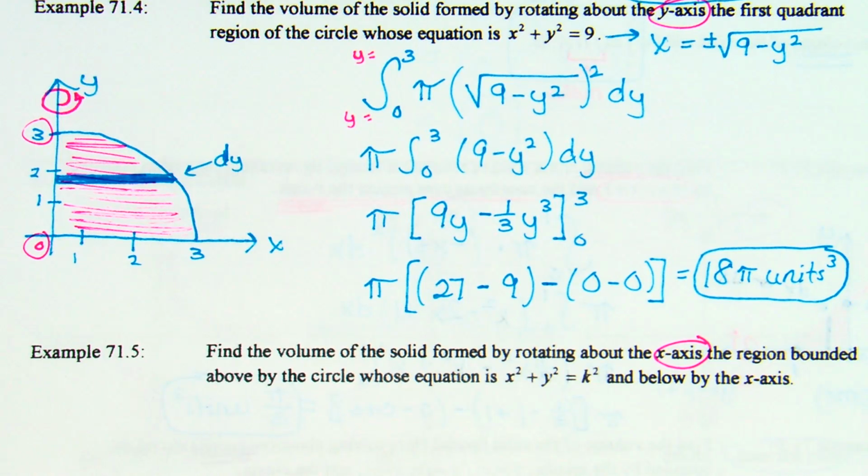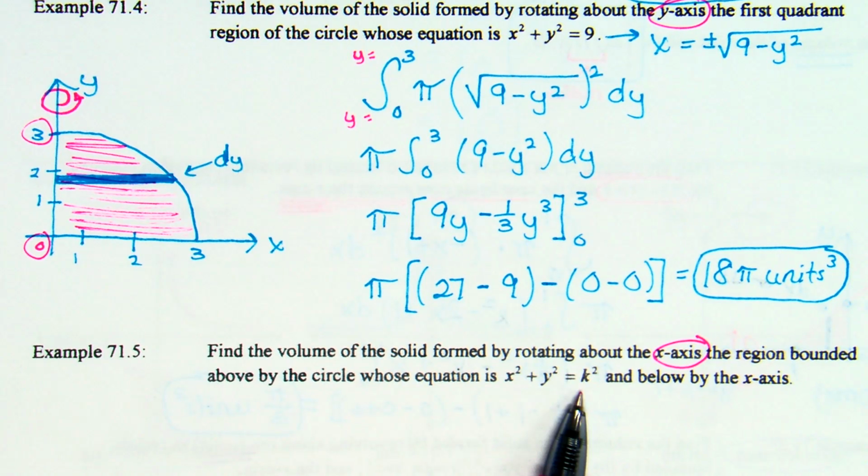Okay. Now, k represents a constant. It's a number. Okay? So this is just saying that this is a circle, kind of like the one previous, right? But instead of last time it was a circle of radius 3, this time it's a circle of radius k.